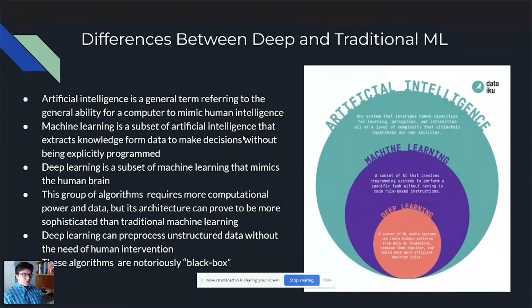It should be noted, as a big warning, that these algorithms are black box. What I mean by black box is that it's very hard to dive into a neural network and understand exactly how it makes its decisions. This is one of the disadvantages of deep learning that you need to heavily consider if you want to use it for your projects. If transparency in decision making is a necessity or really helpful for you, neural networks are probably not the way to go for your project.